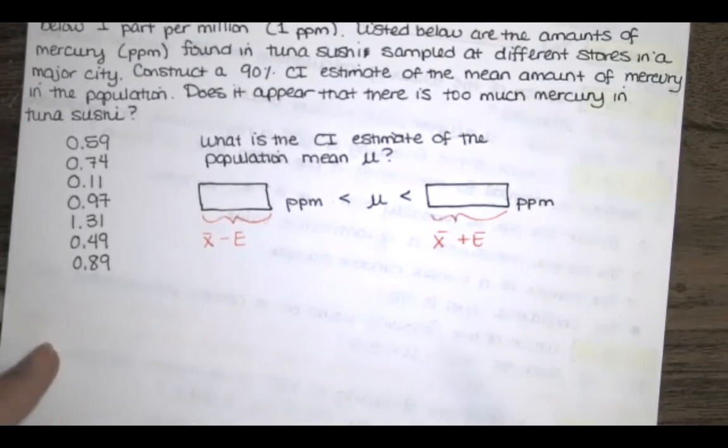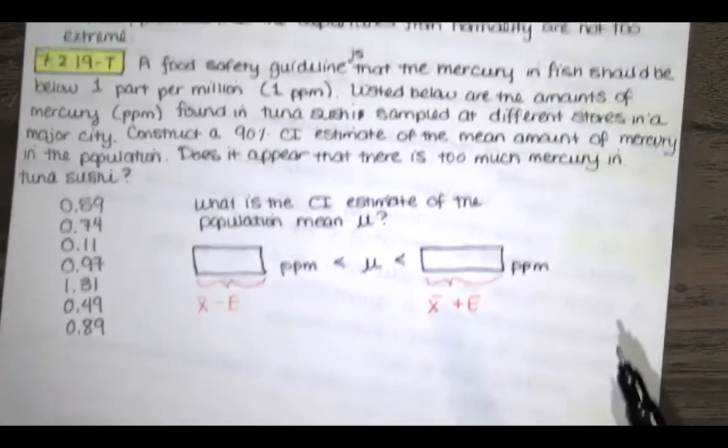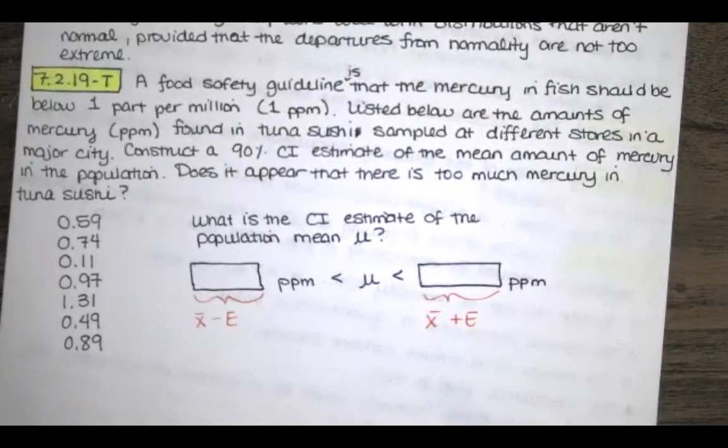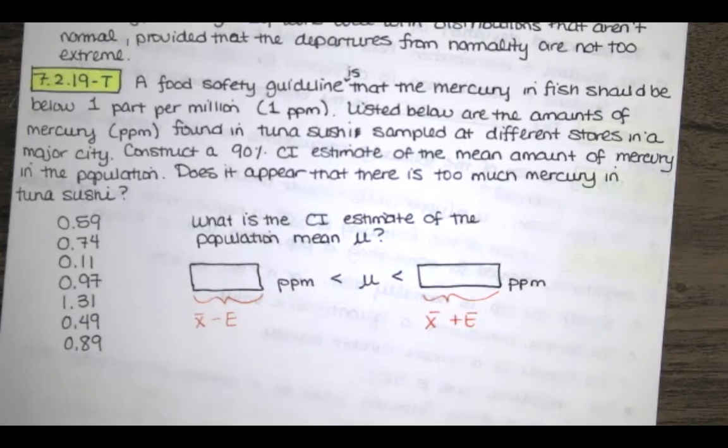And one or both of these conditions are satisfied: n is either greater than 30 or the population is normally distributed. Now, they don't tell us this, but I would assume that the amount of mercury in tuna sushi is normally distributed. So provided that those hold, this is our confidence interval estimate of the mean.